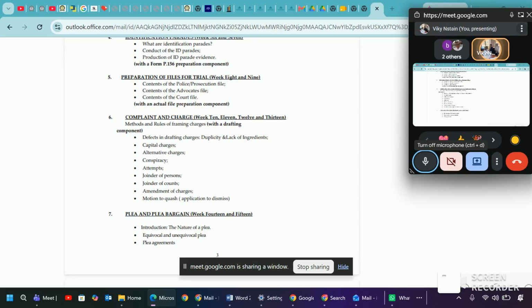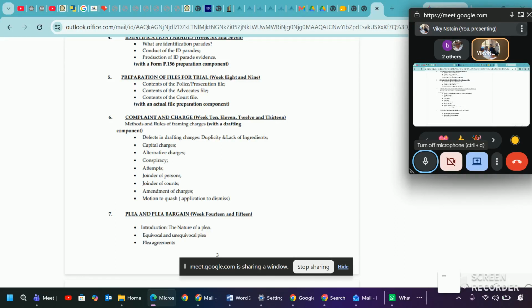So never make the mistake of writing count 2 and forgetting to add the alternative element part of it in brackets, so that the examiner sees that you appreciate that if count 1 fails, then with count 2 being the alternative charge, you can secure a conviction if you are the prosecutor. So those are the nitty-gritties when it comes to alternative charges.